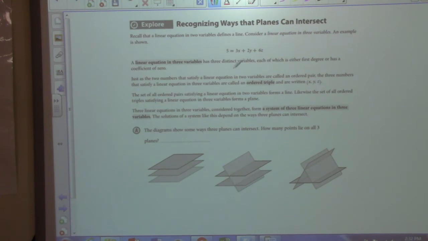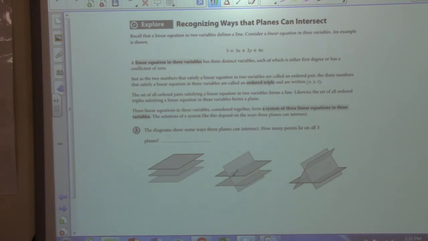Now, when you have an equation with 3 variables, you're talking about the equation of a plane. If you have 2 variables, you're talking about a line. And so here are some different possibilities of what can happen if you have a system with 3 equations and 3 variables. You can have no solutions where essentially the planes are just parallel to each other.